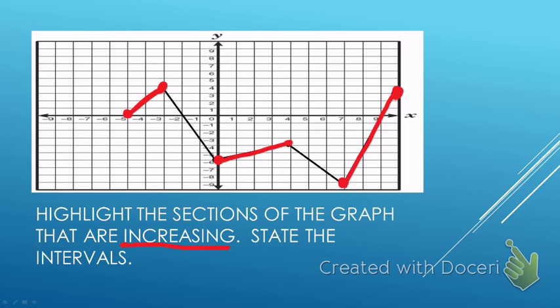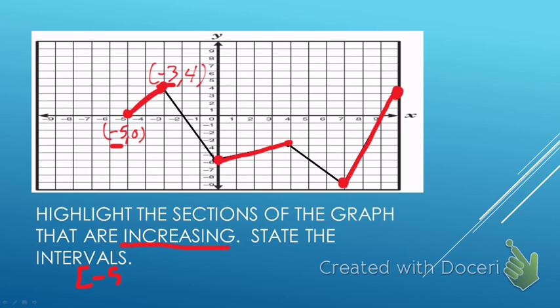Now when I look at the one on the left, I see it starts at -5, 0, and it ends at -3, 4. Now when we write an answer for increasing or decreasing, we only label the x coordinates.